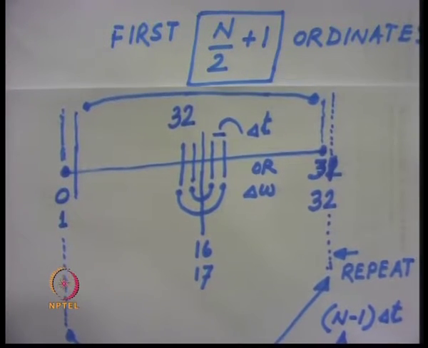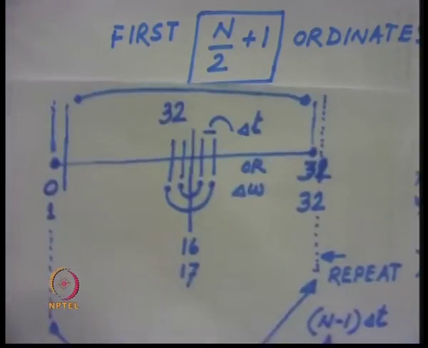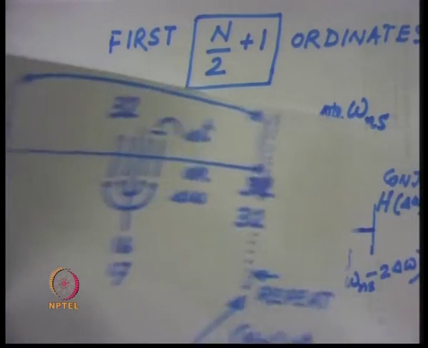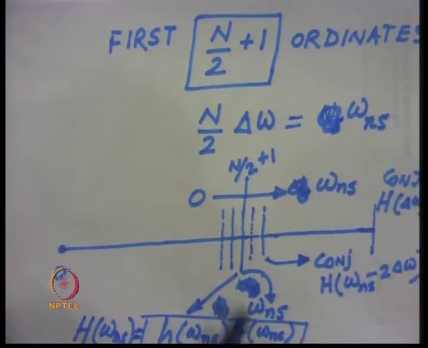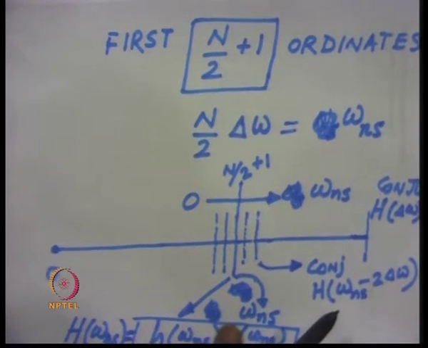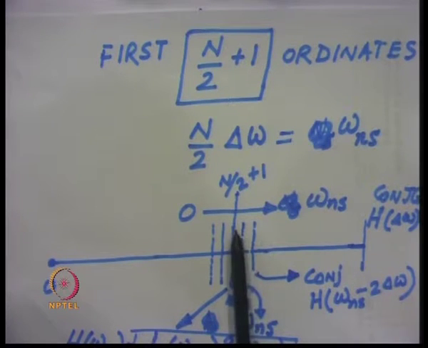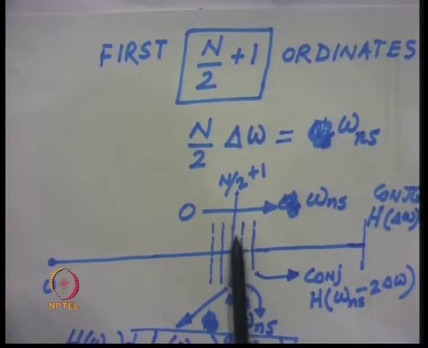The FFT would provide 32 complex numbers, and out of those we choose the first n by 2 plus 1 ordinates, that is the 17 ordinates.